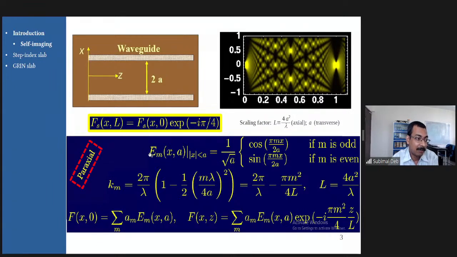In that case, for the paraxial approximation, one can find that the propagation constant for the mth mode is proportional to m squared. And this m squared dependence brings in this beautiful carpet that you see over here.